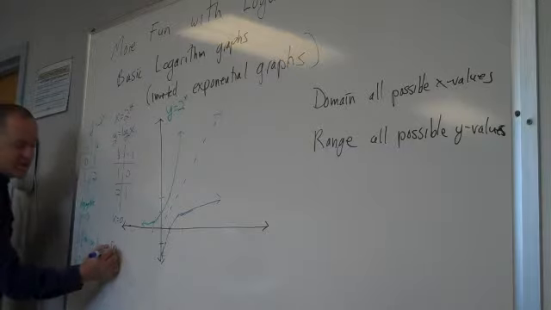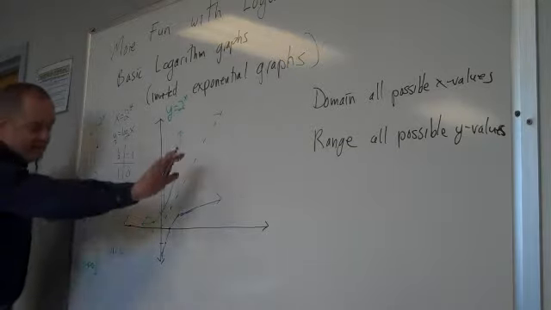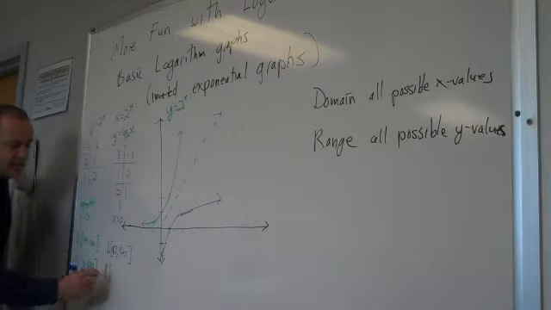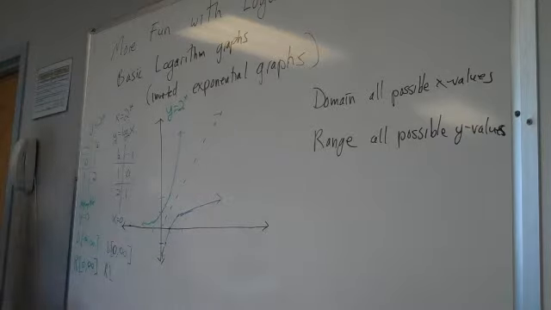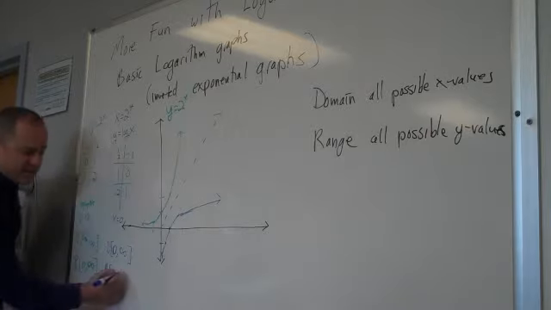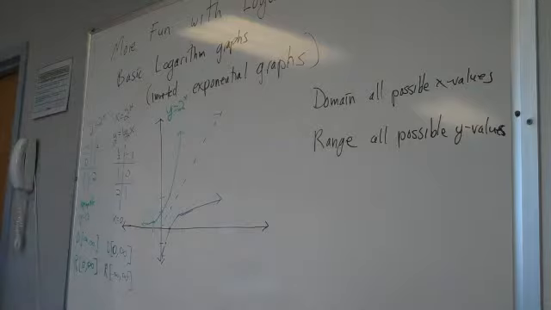So we start just after 0, and we go out to infinity. What about the range for this one? They're both infinity. So we say from negative infinity, which is down as far as we can imagine, up to positive infinity, which is up as high as we can imagine. So that's how the asymptote, the domain, and range get affected on these things.